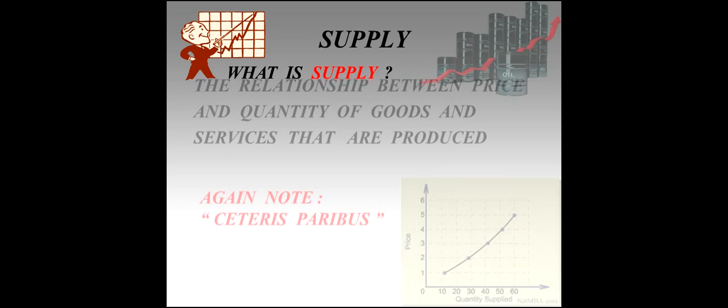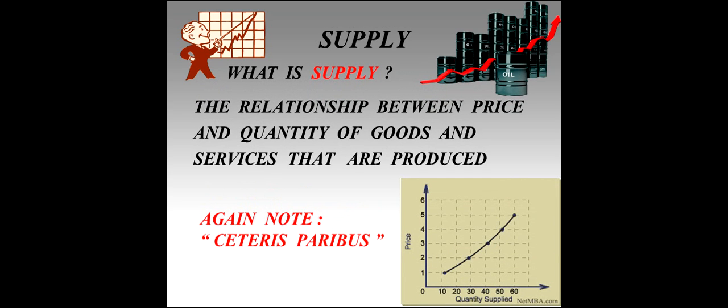Let's start with a definition of the concept of supply as it's used in the study of economics. Supply is defined as the relationship between price and quantity of goods and services that are produced. And because we're talking about price here as it relates to supply, similar to what we did in the demand chapter, we take a snapshot in time to illustrate the concept.